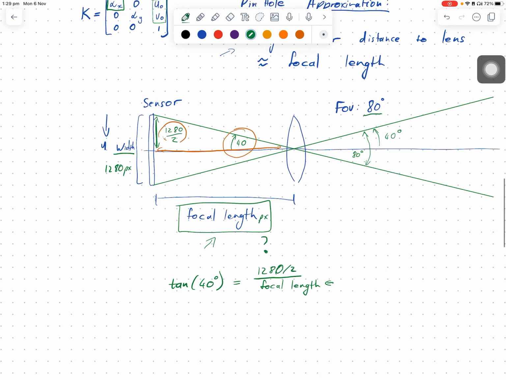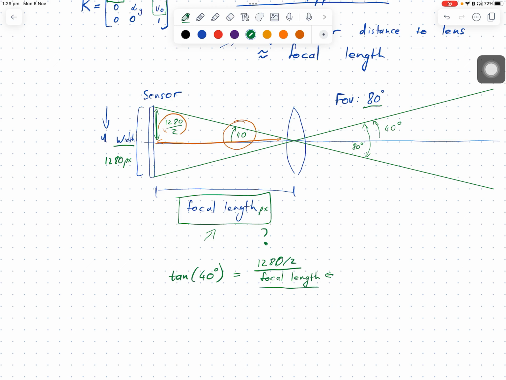And we are calculating this focal length in pixels, but you do sometimes get camera sensors where the pixel size is different in the X and Y direction. So that's why we have to report this focal length in terms of the number of pixels in the X direction that matches up with the focal length, and the number of pixels separately in the Y direction that match up with the focal length.